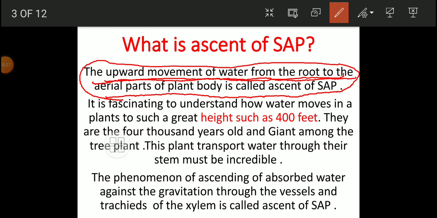Actually, the phenomenon of ascending of absorbed water is against gravitation through the vessels and tracheids of the xylem, and that is also known as ascent of sap.